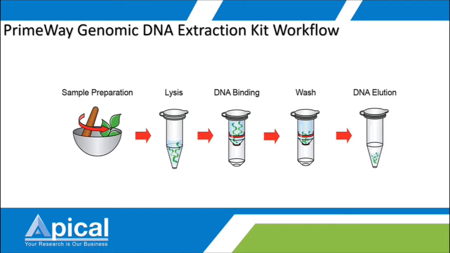Okay, so what is the difference? The difference is usually at the sample preparation and the lysis step. For different sample types, there are some differences in the handling of sample preparation and lysis. Why? Because lysis of a cell very much depends on the structure of the membrane of the cell.